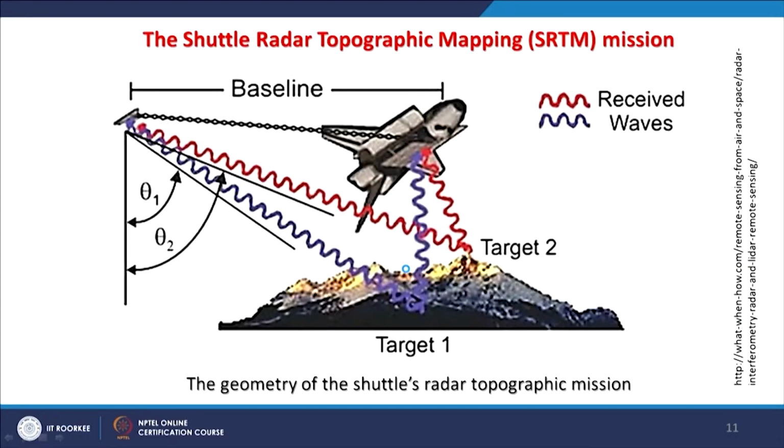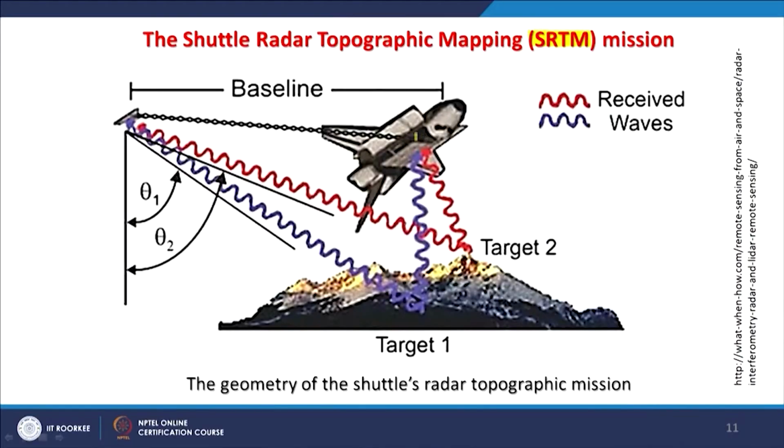We have mentioned many times this SRTM, the Shuttle Radar Topography Mission. It was a mission, not a regular satellite, and the very innovative part was that baseline is a big issue in SAR interferometry. So they had a 60 feet shaft which allowed creating a baseline.